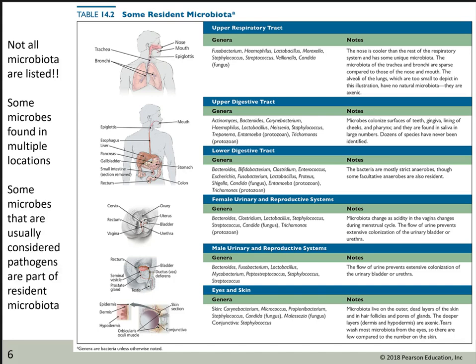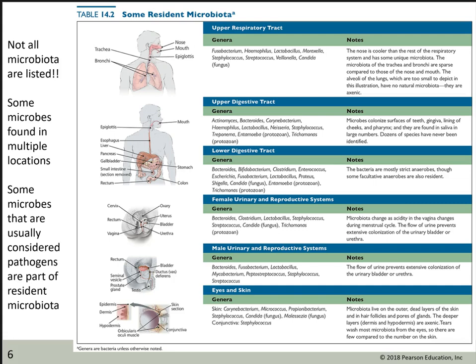Some of these microbes that are usually considered pathogens are part of the resident microbiota. We are going to discuss Streptococcus and Staphylococcus quite a bit when we talk about diseases of the human body. And yet here they are, part of the normal microbiota. Why is that?